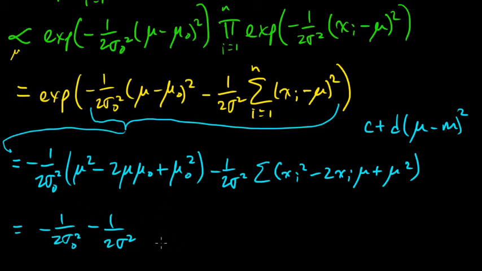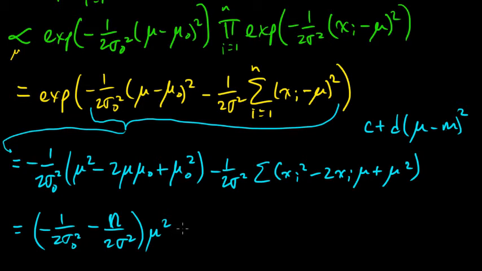Wait, is that what I want? Yeah, this is n here. Times mu squared. Right? Yeah, that's right.